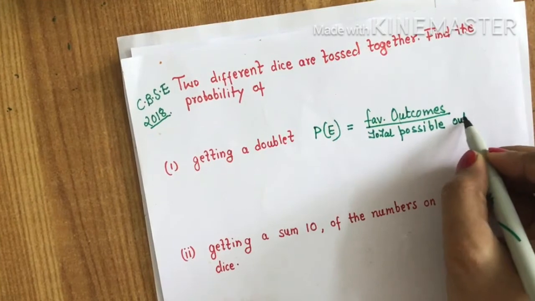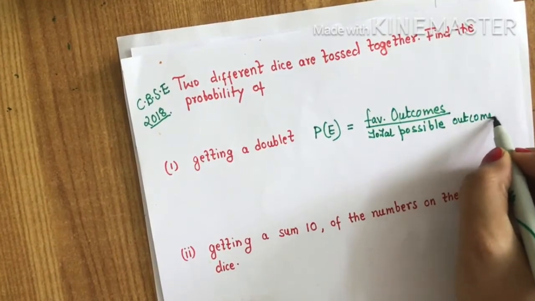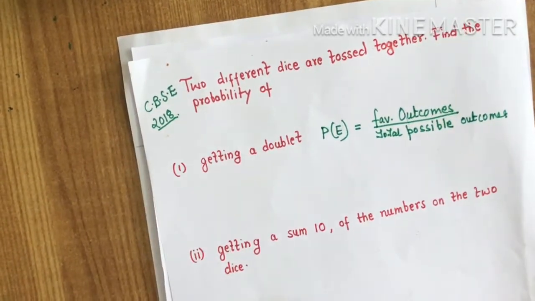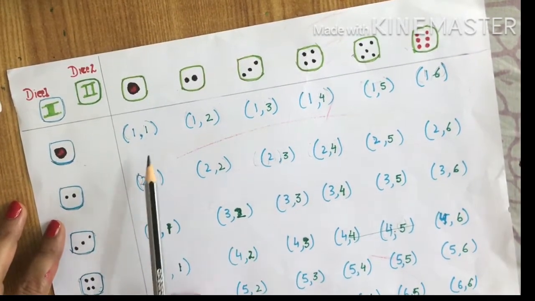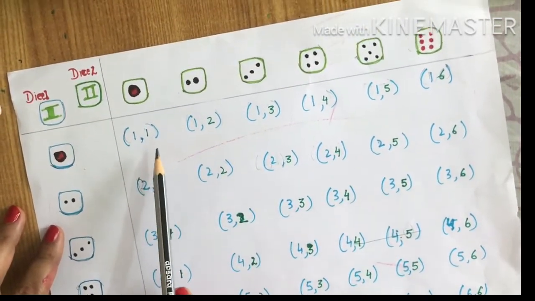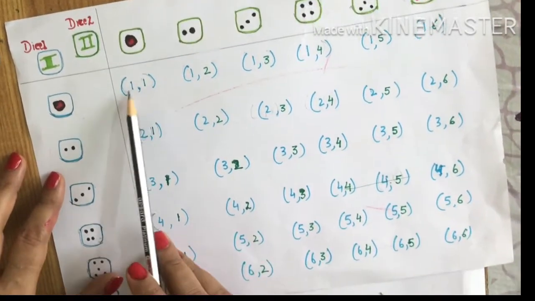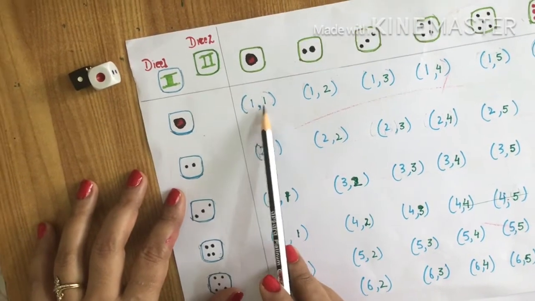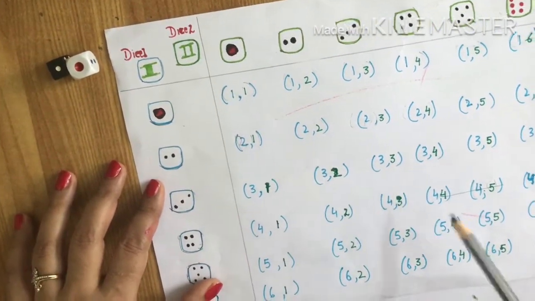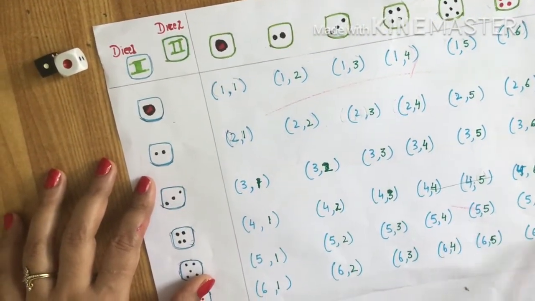Now first we'll go to the table, the sample space we have made, and see what the chances of getting a doublet are. Children, look into this table. Doublet means repeating, both the numbers are the same on both the dice. So 1,1, 2,2, 3,3, 4,4, 5,5, 6,6.